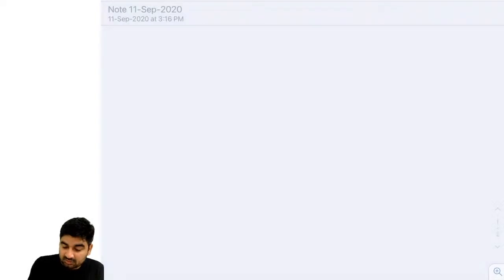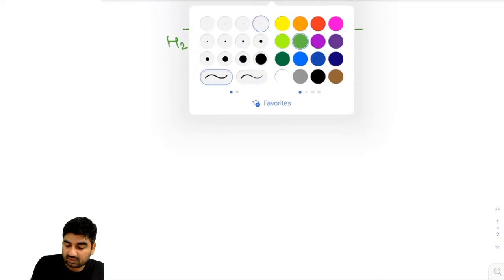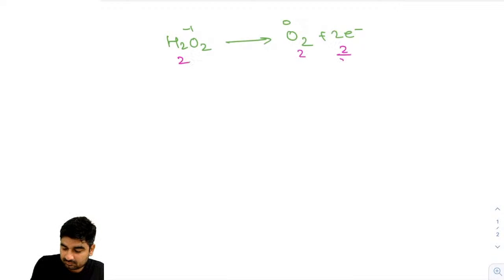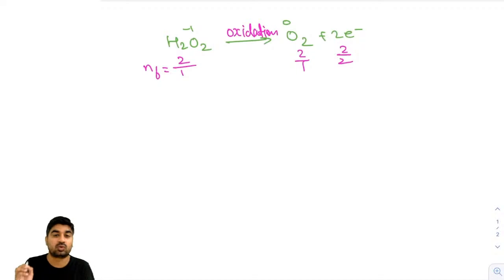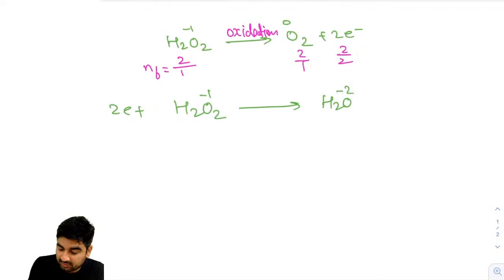Just a minute. So, I told you when H2O2 is converting into O2, -1 to 0, 2 electrons are there. So here if you are calculating the n factor is 2, and I will say oxidation of H2O2 is taking place. Oxidation of H2O2 is taking place. So now when I'm writing H2O2 and it is giving me H2O, now here -1 to -2, so I'm balancing two oxygen atoms.